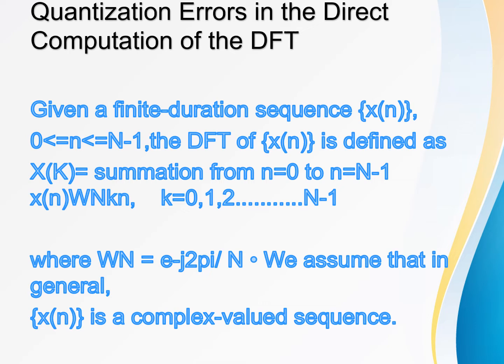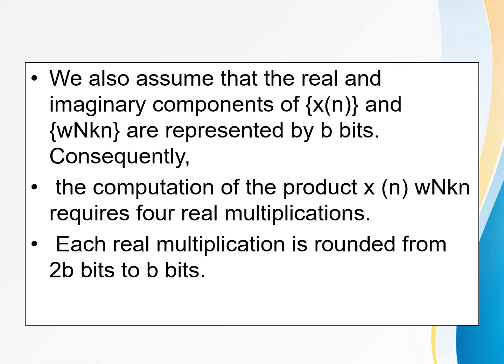We assume that in general x of n is a complex valued sequence. We also assume that the real and imaginary components of x of n and W_N to the power kn are represented by b bits. Consequently, the computation of the product x of n times W_N to the power kn requires 4 real multiplications.